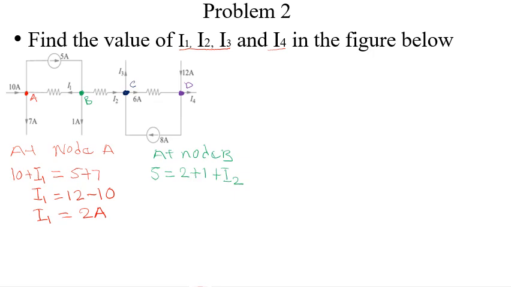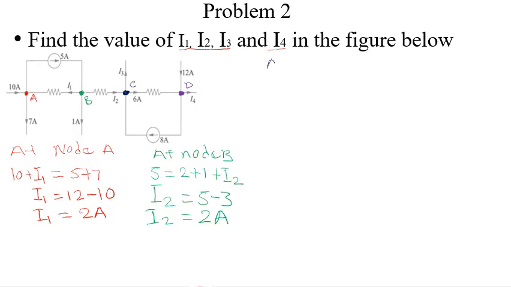So simply here we do our change of subject, then we get I2 is equal to 5 minus 3. So we equally get I2 is equal to 2 amps. I always remind you the units are very, very important. We need them.